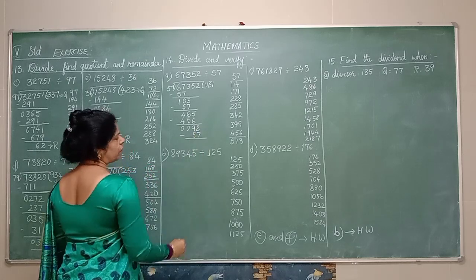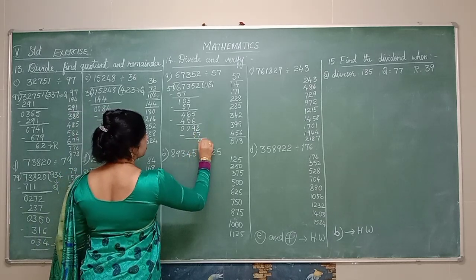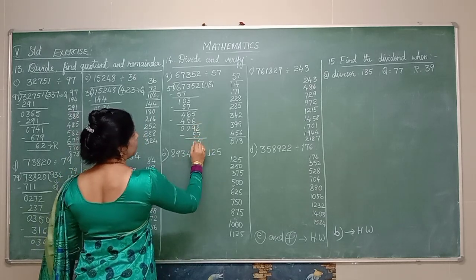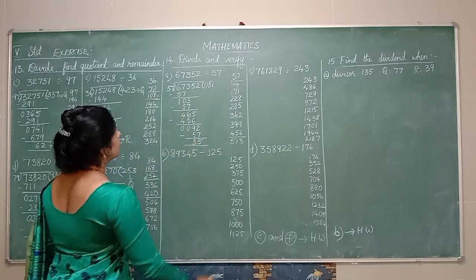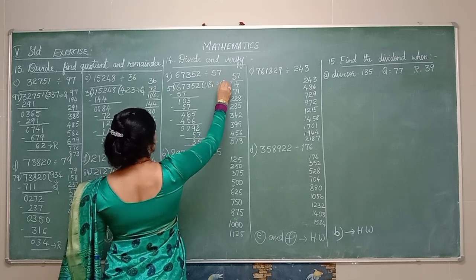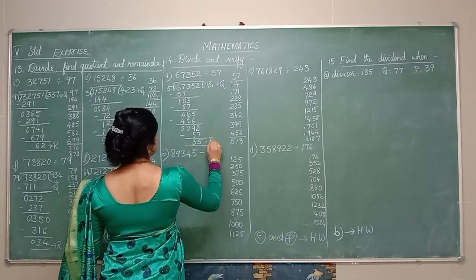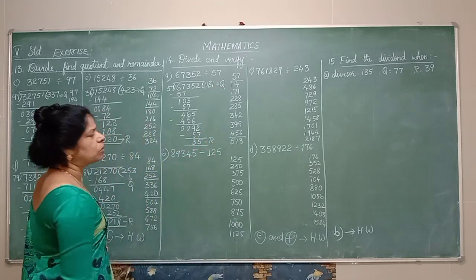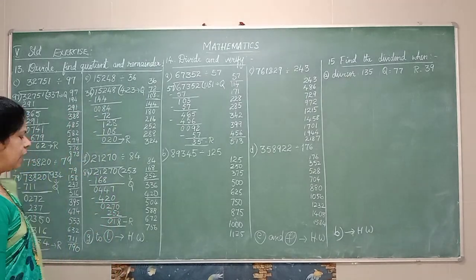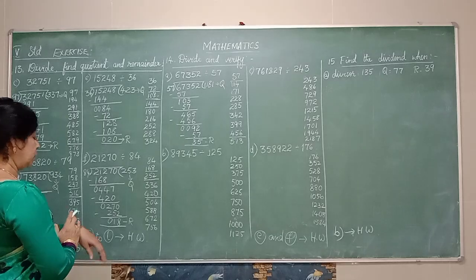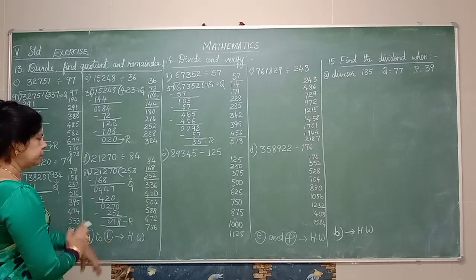So 12 minus 7 is 5. And here 8 minus 5 will be 3. So this is your quotient and this is the remainder. So write, quotient is equal to 1181 and remainder is equal to 35.